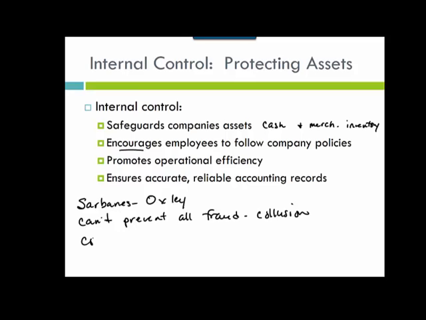The other thing to keep in mind here is the cost versus the benefit of any procedure. There was an example, several years ago, where bank robberies in New Jersey were on the rise. And so this bank hired a consultant to say, what could I do to prevent these bank robberies?